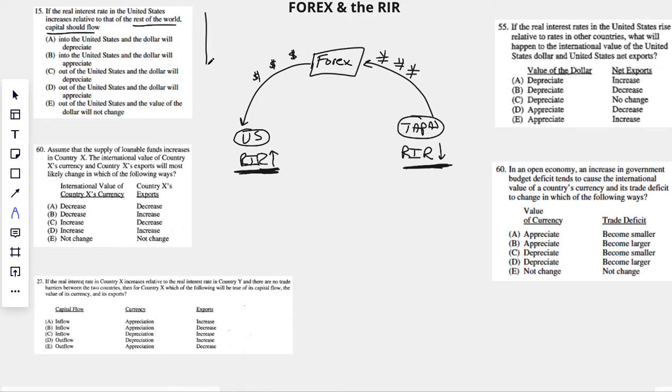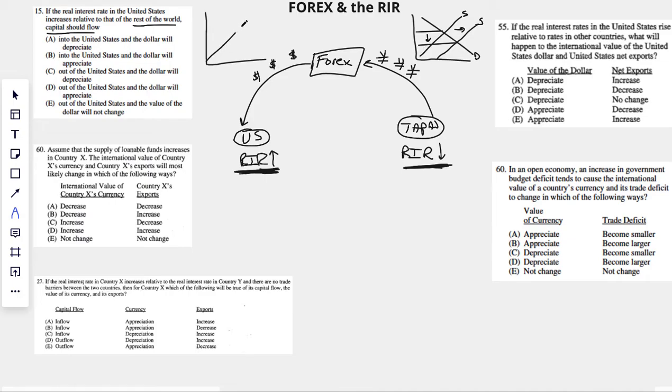Now, this implies a couple of things happening. Let's just talk about it. Obviously, when these Japanese are dumping their yen into the FOREX to exchange it to dollars, we know the supply of yen going into the FOREX is increasing, and that's going to drive the value of the yen down.